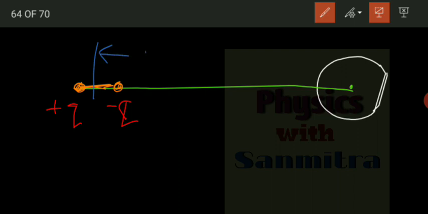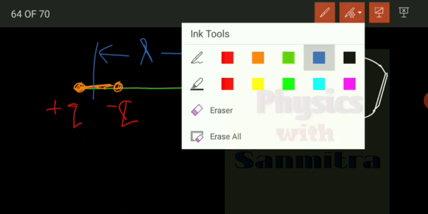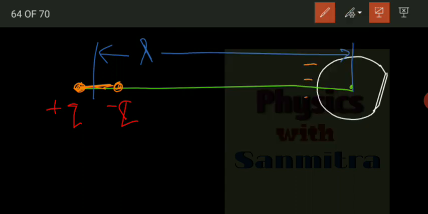Now this is R. This is R. See, due to this minus Q, there will be some minus Q charge induced here. Due to this plus Q, there should be some plus Q charge that is induced. This is minus Q dash, this is plus Q dash, and this is the center.